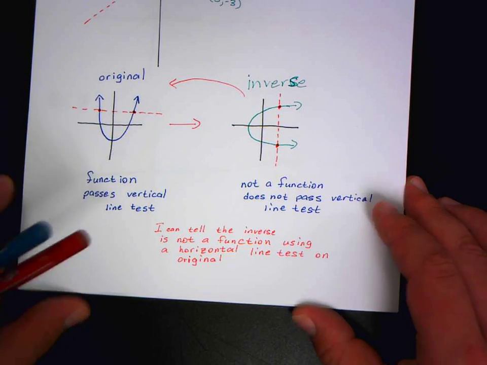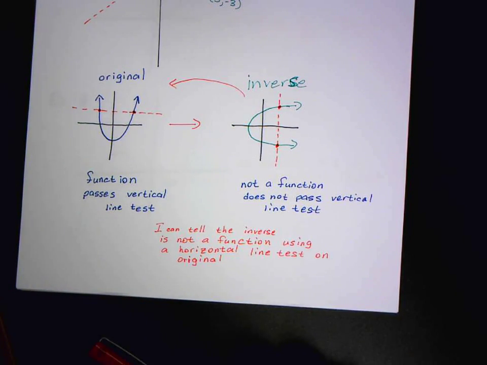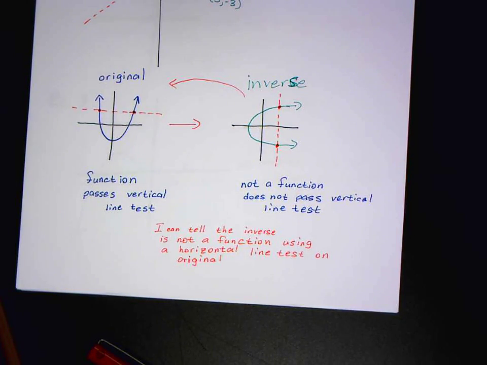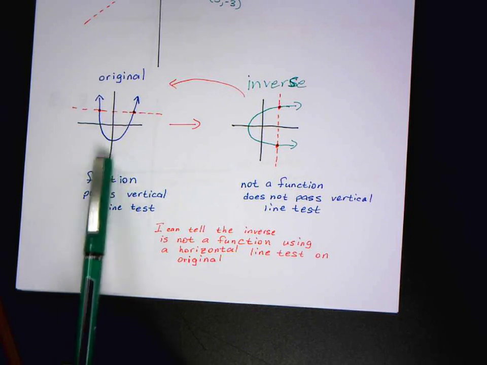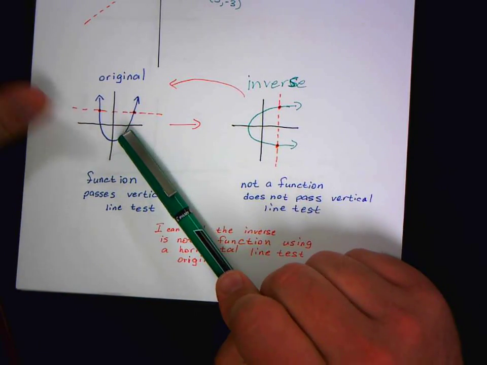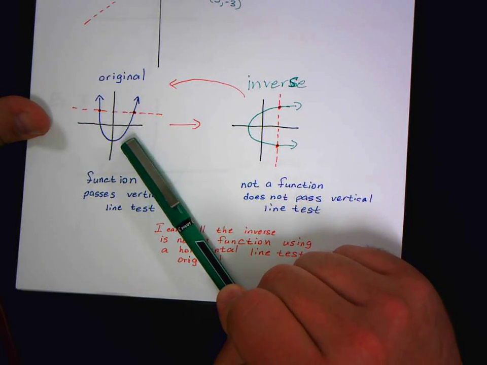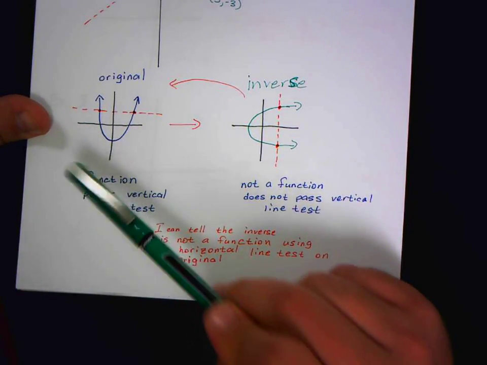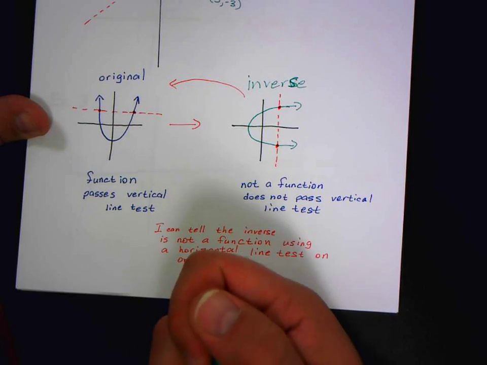Okay, so let's go back to this. I want to talk about this. You're not going to be asked to do this. But this is a parabola, right? It's a quadratic function. Okay, what is the inverse of a quadratic function?